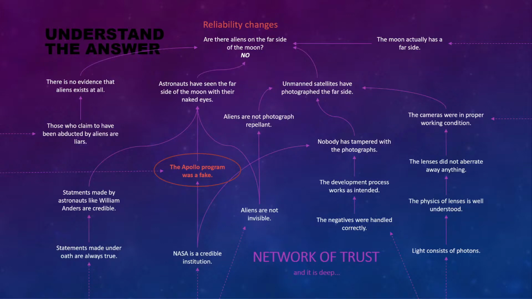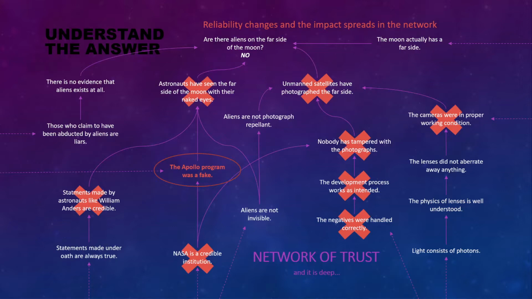Well, let's look at what happens if we are given a new piece of information here that changes one of the things in our network of trust. Let's say that we get the information that the Apollo program was a fake. It was indeed recorded in a TV studio. What happens then is that this starts to spread within your network and invalidates several of the other pieces of information that you have.